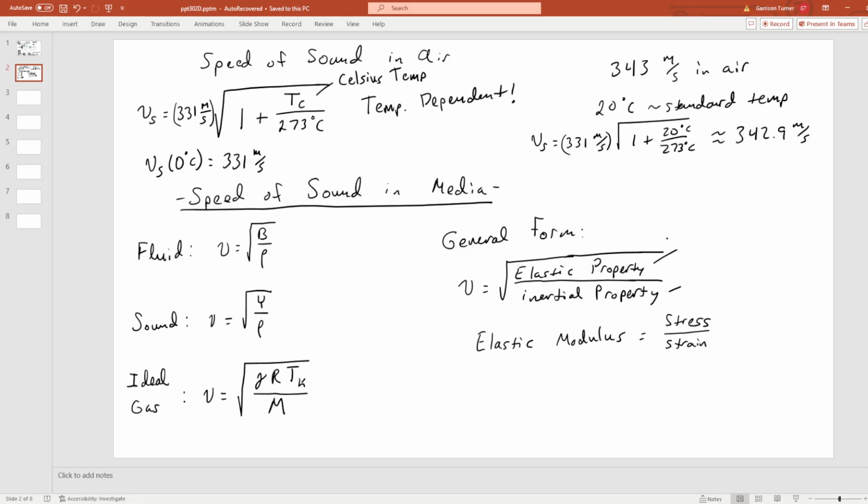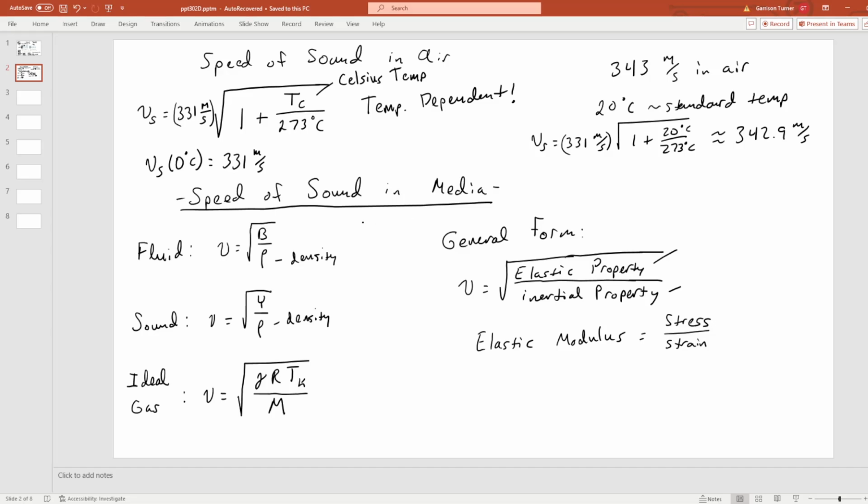Your inertial property is just a property regarding the substance itself. And in the cases of fluids and sound, your inertial property is density. So this is just a property of the material itself that is inherent about it, regardless of external forces.